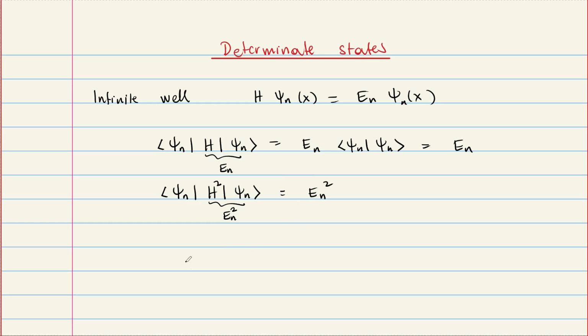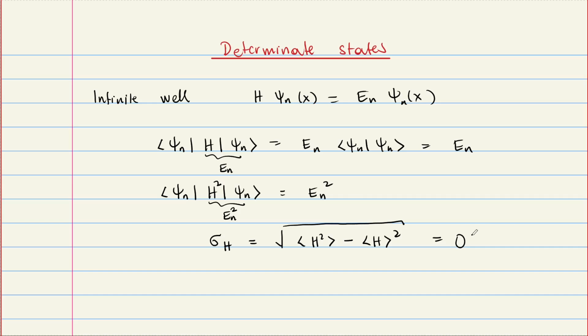And from here, if I calculate the variance of H on these states, sigma of H squared is defined as the expectation value of H squared minus the expectation value of H, squared, and this is En squared, this is En squared, so this is 0.